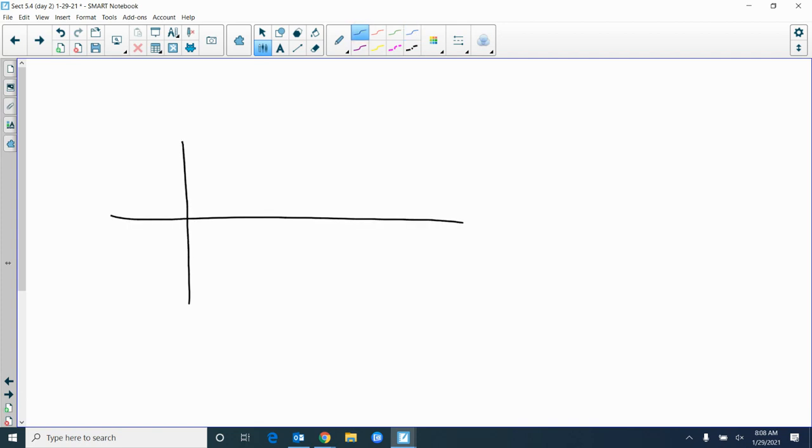Where are your key points? So this is pi over 2, this is pi, this is 3 pi over 2, and this is 2 pi. Cosine starts at 1, goes to 0, goes to negative 1, goes to 0, and goes to 1.